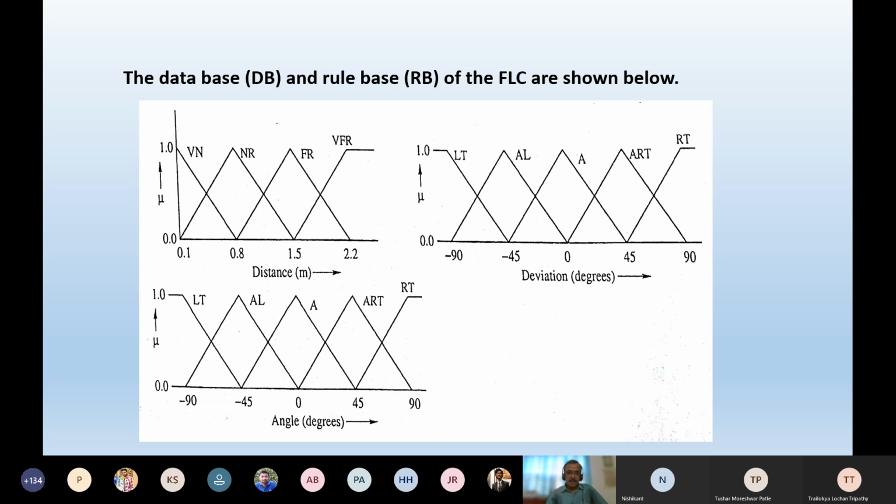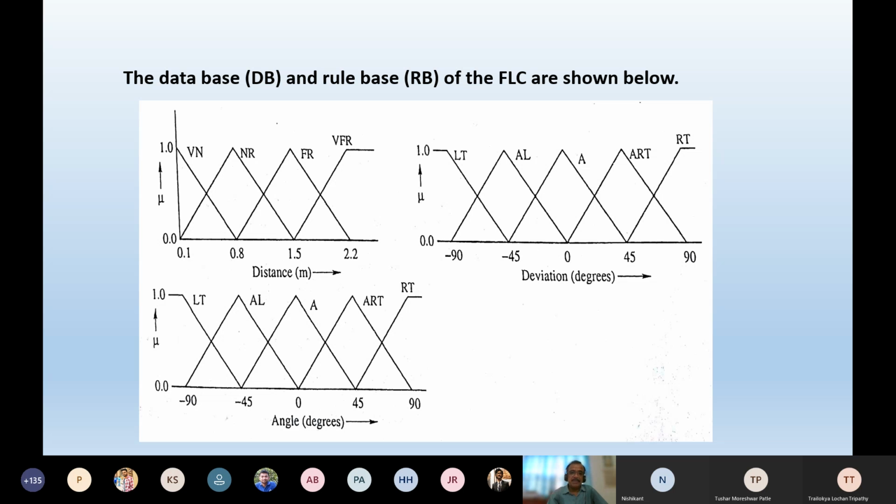So this is the way we define the membership function distribution for the two inputs, distance and angle, and one output, that is the deviation. Now this angle of deviation is the angle through which the planning robot should deviate to avoid collision with the moving obstacle.